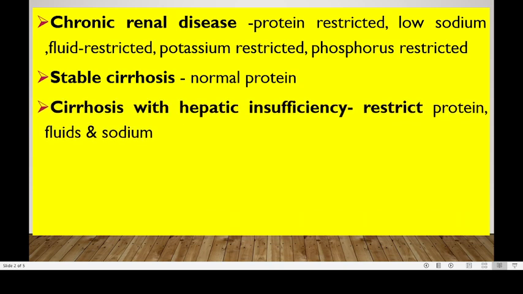But this is contrary to a patient with hepatic insufficiency, because in this patient, we need to restrict protein, restrict fluids, and restrict sodium. So we are supposed to restrict the protein, we're supposed to look at the amount of fluids we are giving them so that it is restricted, and we also avoid sodium, because when there is sodium, it's going to attract more water. And remember, these patients are suffering from generalized edema, so giving them more of this will worsen the situation.